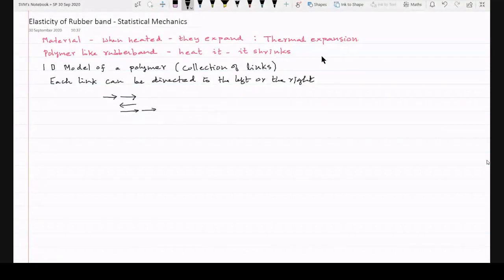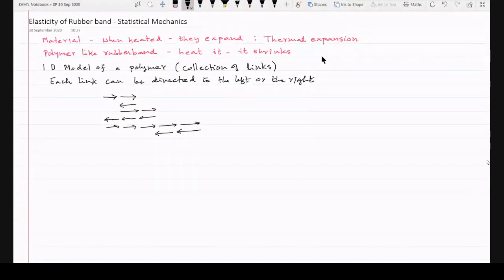Let's say right, left, left, left, right, right, right, right, right, left, left. So this is in some sense the model of the polymer. Of course, I have used the second dimension, but I am only using either right or left. So this is a 1D model.